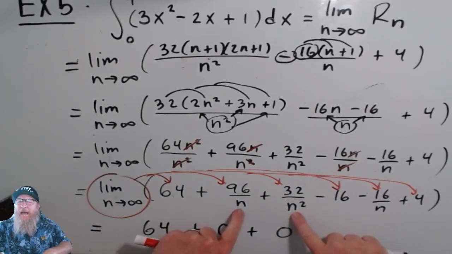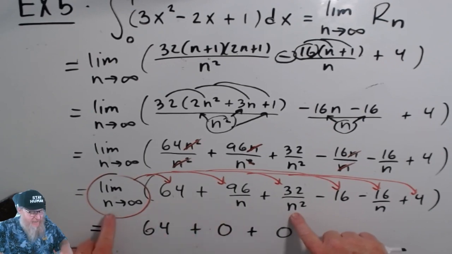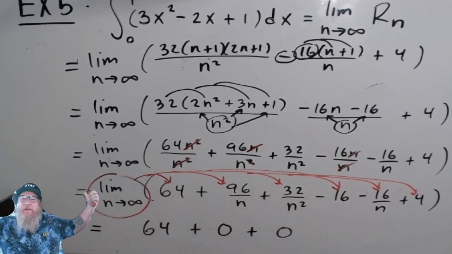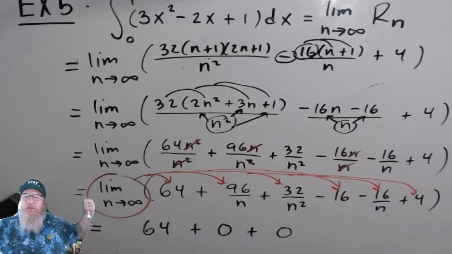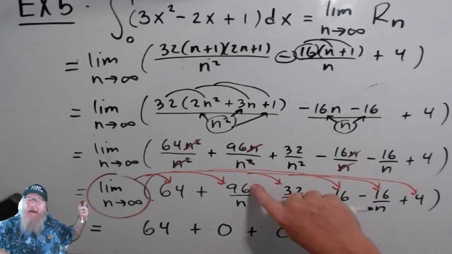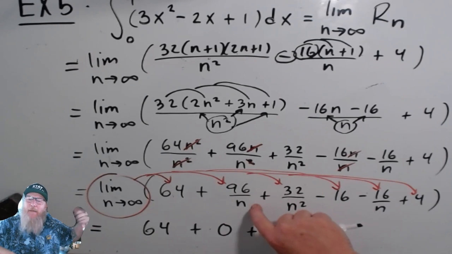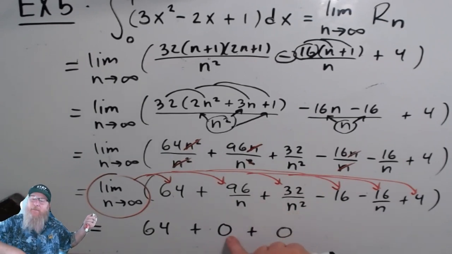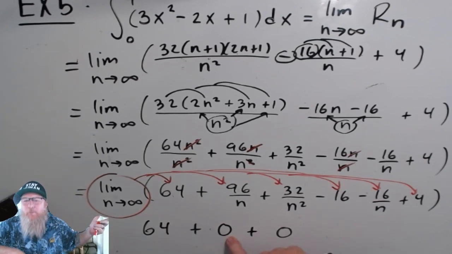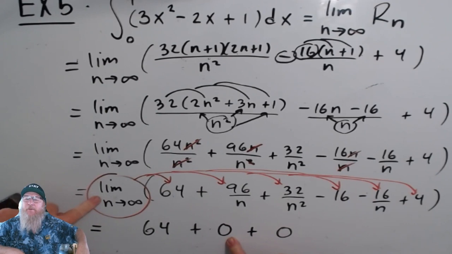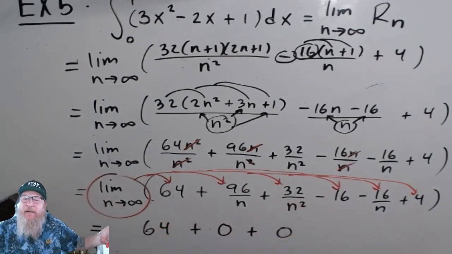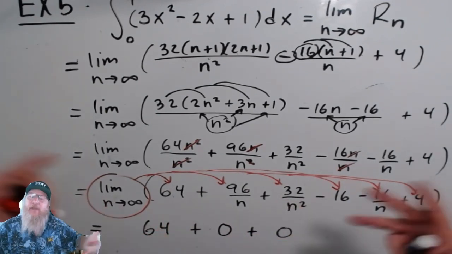N and n squared as n goes to infinity are going to get really, really huge. They're going to get into the millions and billions and trillions. And so when you divide, 96 divided by a billion, that's going to be very, very close to 0. It never actually equals 0, but it gets so close to 0 that as n approaches infinity, we consider it equal to 0. We say the limit is 0.